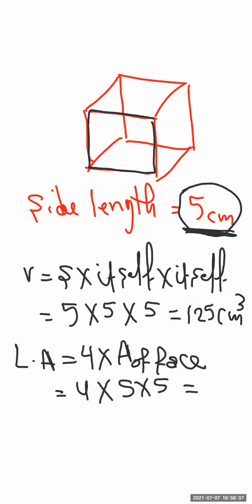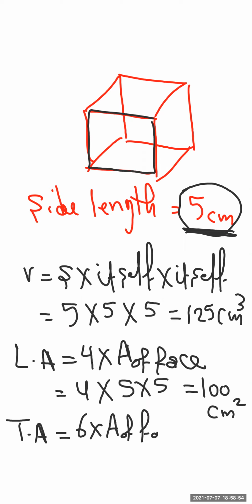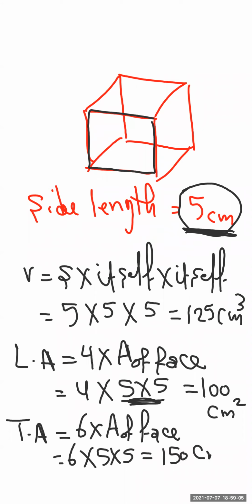So it will equal 4 times 5 means 20 times 5 means 100 square centimeters. Then what about the total area? We said that the area of 6 faces. So 6 times area of face, 5 times 5. So it will equal 150 square centimeters.